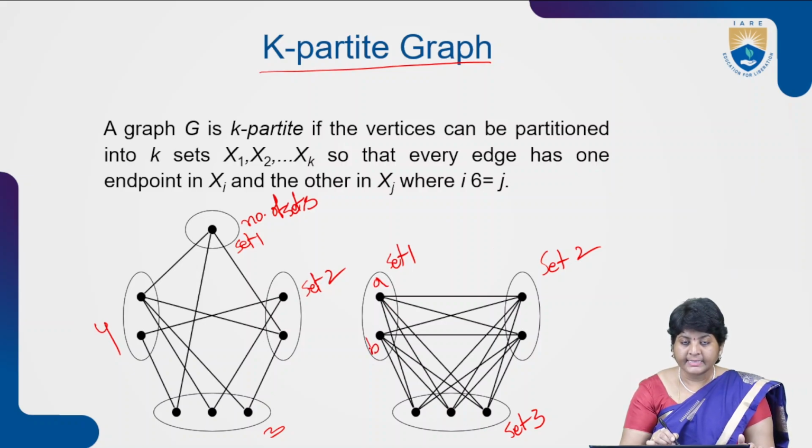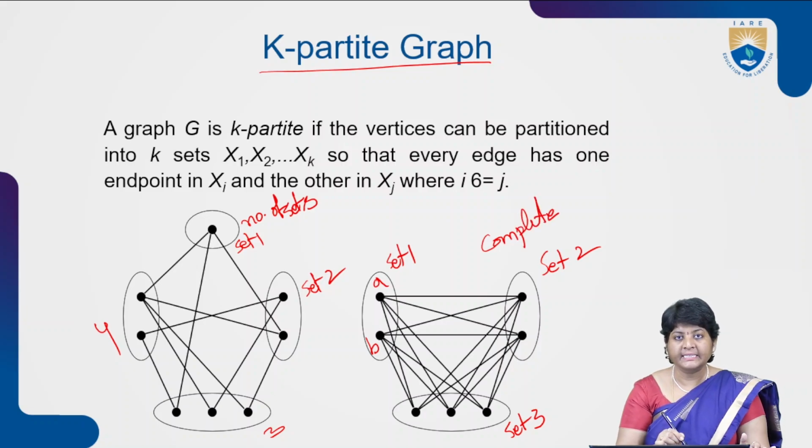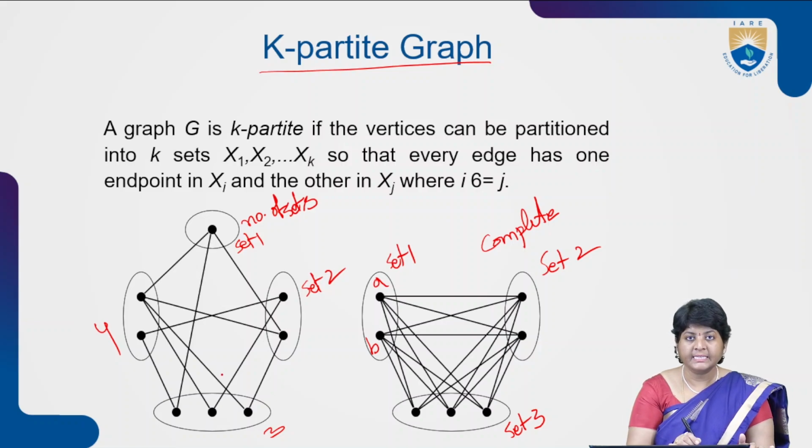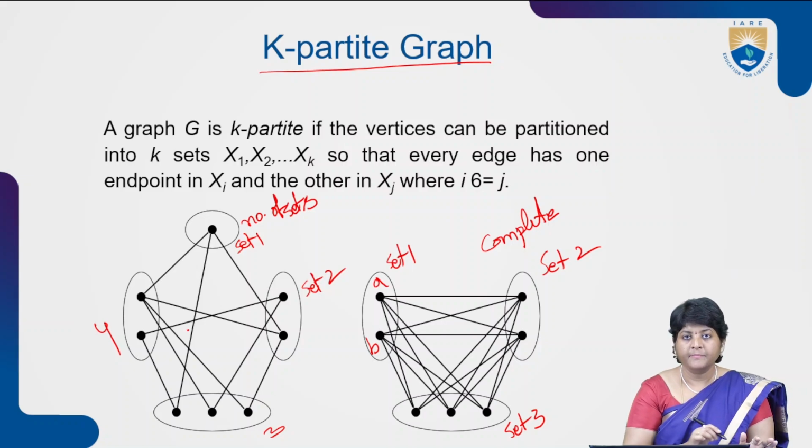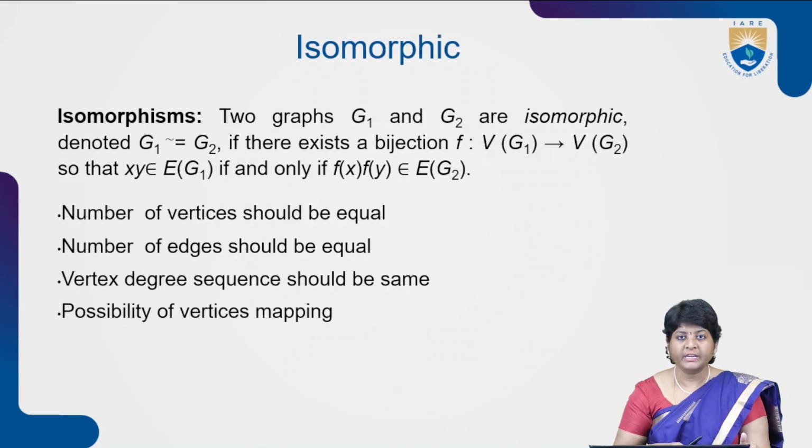And set 1 vertex B is similarly connected to all vertices of set 2 and all vertices of set 3. So this is complete k-partite. And this is k-partite, with the number of sets being 4. Fine.